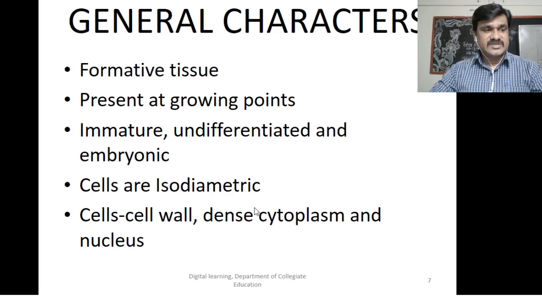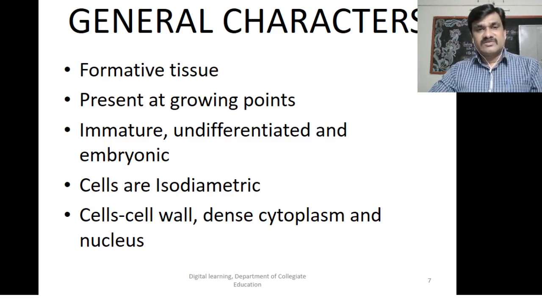In the cytoplasm, we can see it is very dense in nature, and the pseudovacuoles and chloroplastids are also present. So in the cytoplasm, a single prominent nucleus is present. Okay, these are the few general characters of meristems.